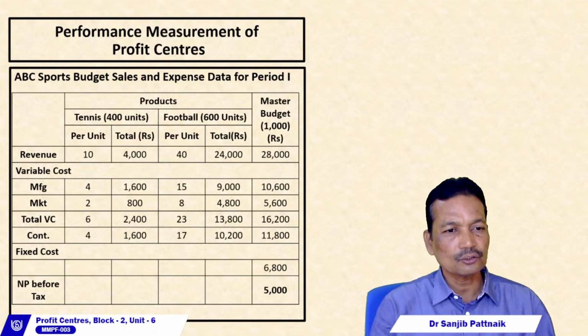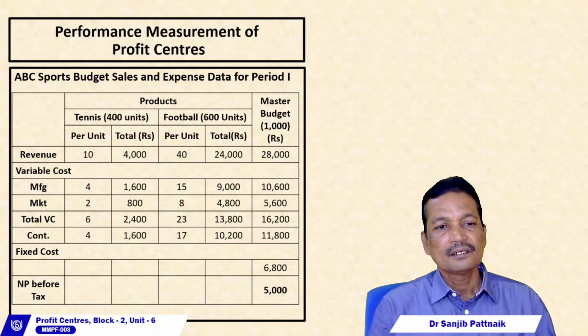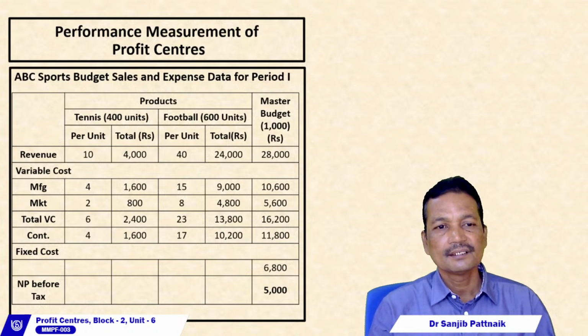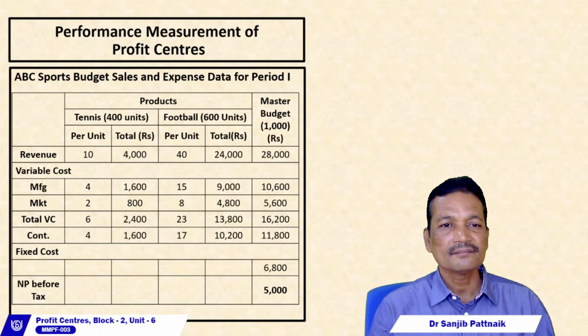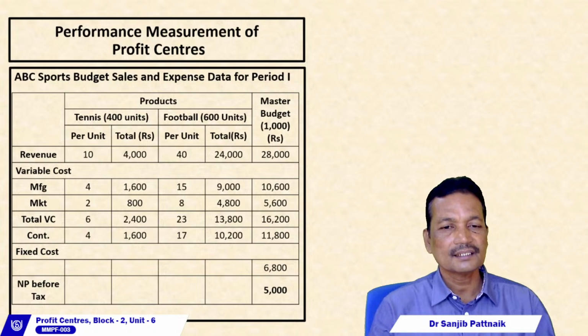The variable cost for manufacturing and marketing turns out to be, for tennis balls it is 6, with a total of 2,400, whereas for football it is 23 at 13,800, so total of 16,200.